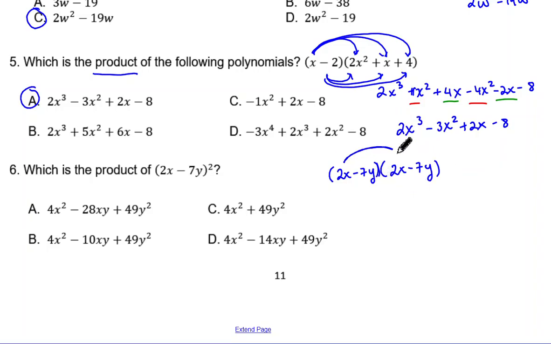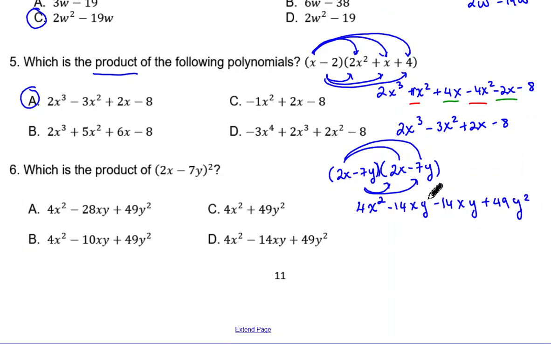So you have 2x times 2x is 4x squared. 2x times negative 7y is negative 14xy. Negative 7y times 2x is negative 14xy. And then negative 7y times negative 7y, negative times negative is positive. 7 times 7 is 49. And then y times y is y squared.